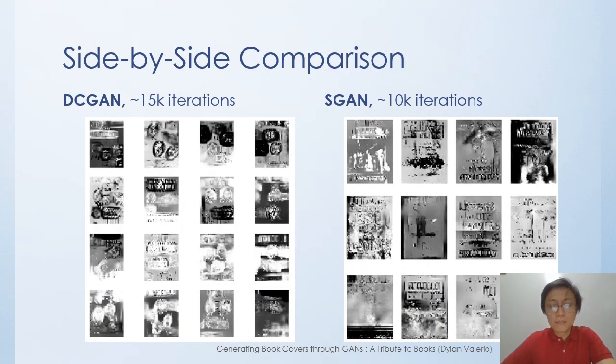Now, comparing both outputs side by side, we see that the SGAN has reached quite the same level as the DCGAN output in a shorter amount of time, right? For example, it has discovered the concept of borders around the text. Also here, you need to have a rectangle border around the text.